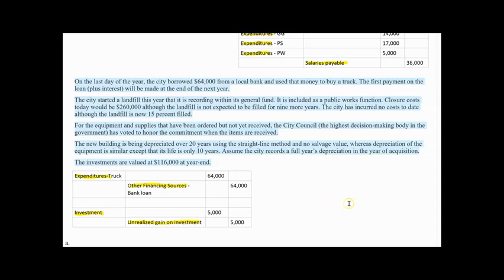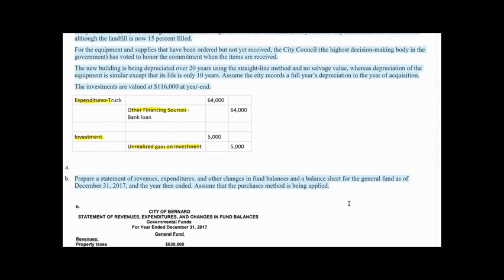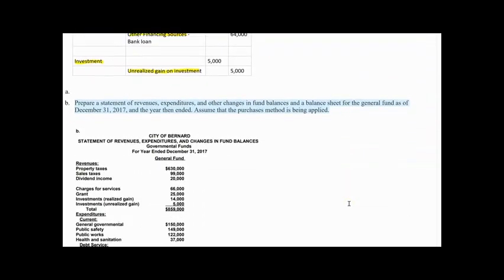Okay, and then let's move on to have a look at the statements. First is the statement of revenue, expenditures, and other changes in fund balance. I skip the T accounts and trial balance, which you can do by yourself. After preparing the trial balance, you can get the balance for those different revenues, expenditures, and other financing sources.